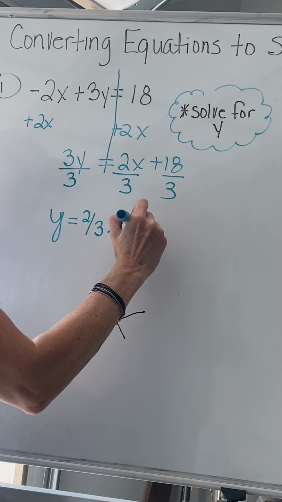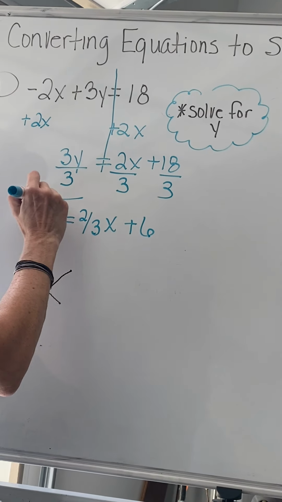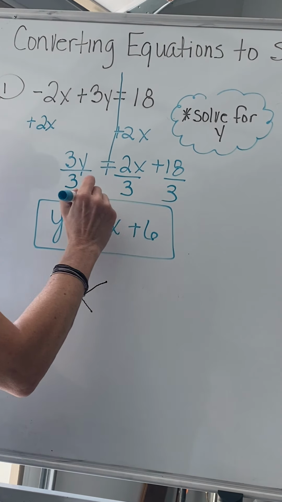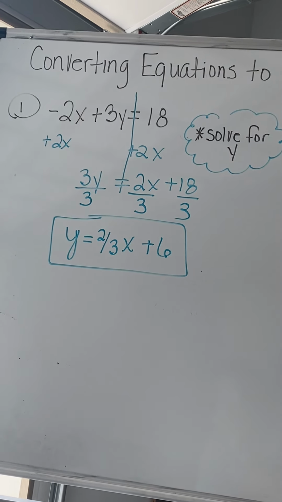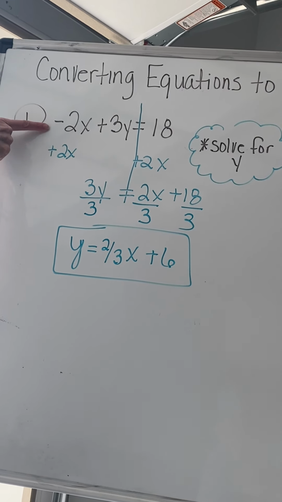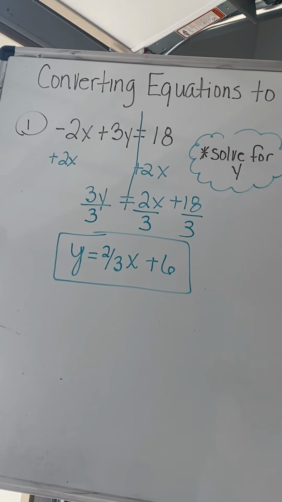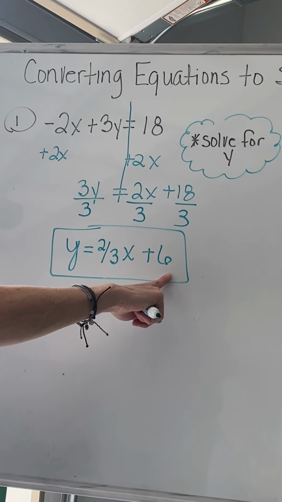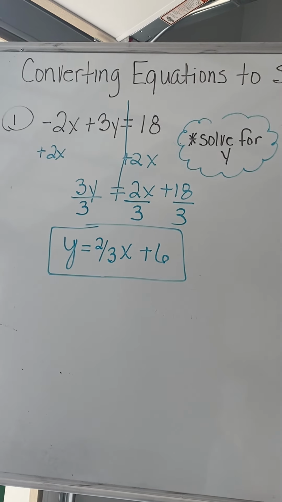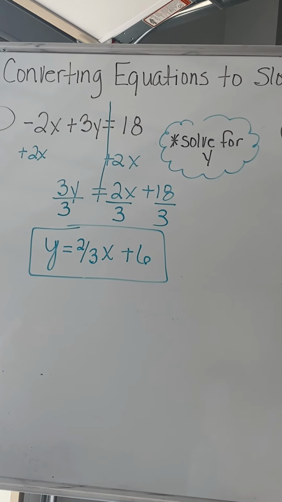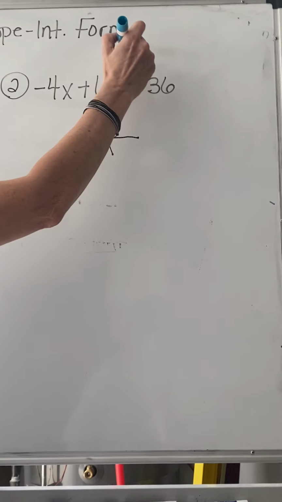I can simplify 18 over 3, and that is going to be 6. So y equals 2/3 x plus 6 is this equation in slope-intercept form. And if you have that in slope-intercept form, then you can see the slope is 2/3 and the y-intercept is 6.